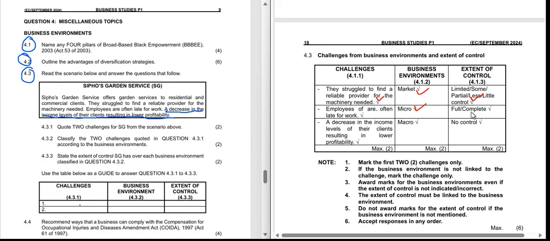And then the last one, a decrease in income levels of their clients, resulting in lower profitability. It's a challenge, and it's a macro environment, because we have no control over it at all. There's nothing you can do with a challenge in the macro environment. So there's no control here. So this is what was needed for this question. Let's move on to 4.4.